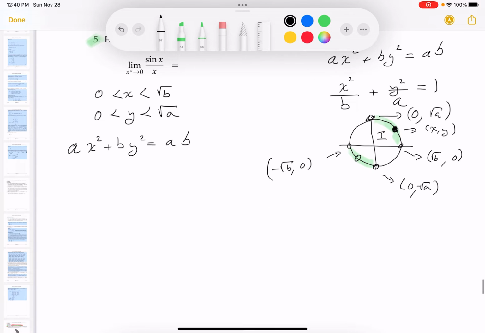I'm going to write this a little bit differently. I'm going to write it as the root of a x squared plus the root of b y squared equals ab. And this could be a dead end.